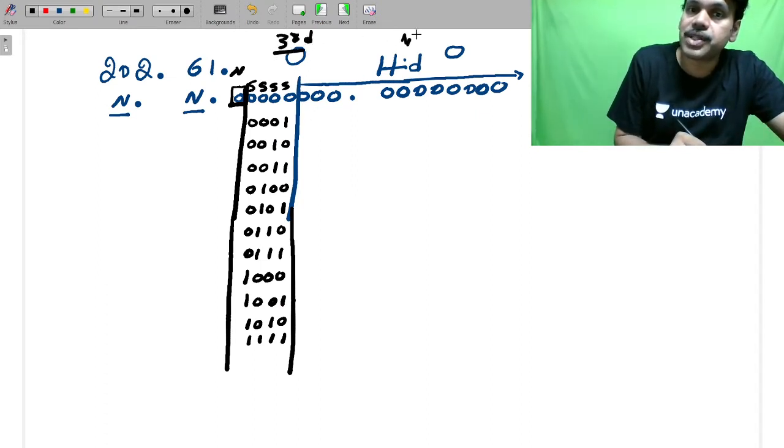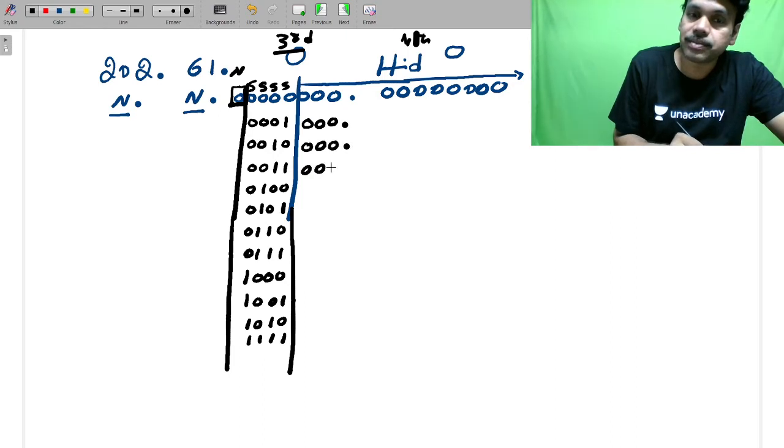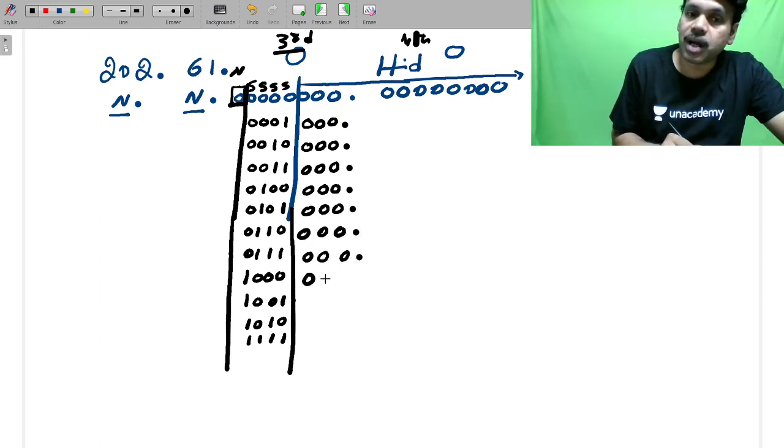Okay, so 16 subnets. And in that octet, this is your third octet, this is your fourth octet. In that octet, 3 bits are reserved for HIDs. So the number of HIDs in your third octet is 2 power 3, which is nothing but 8.